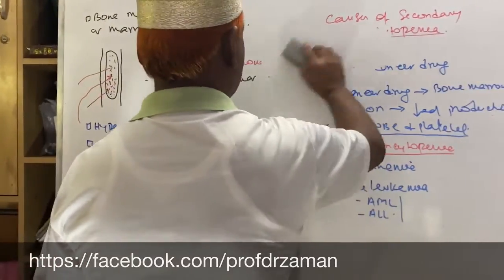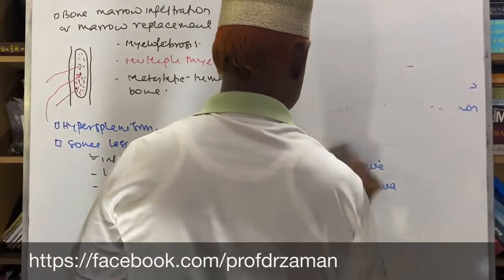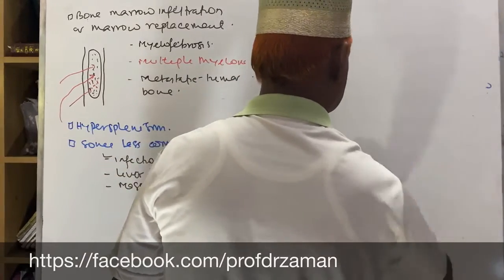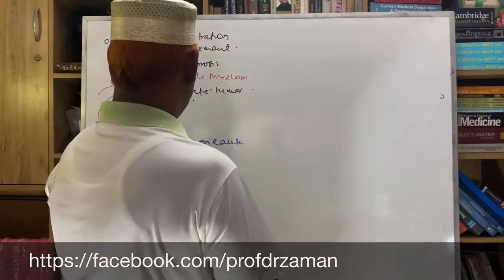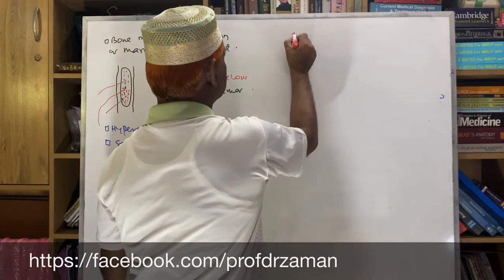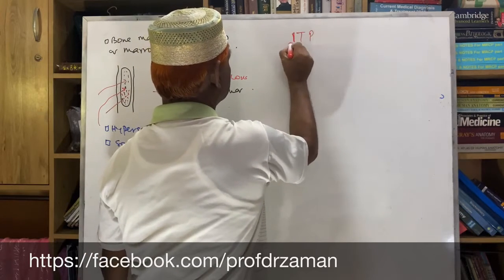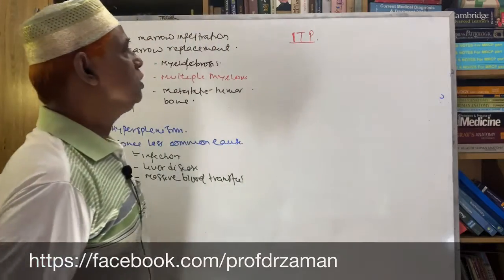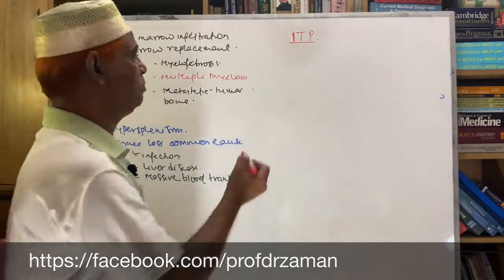Now come to ITP. Dear audience, now come to ITP. It is called idiopathic thrombocytopenic purpura.